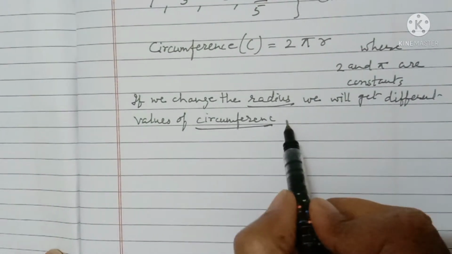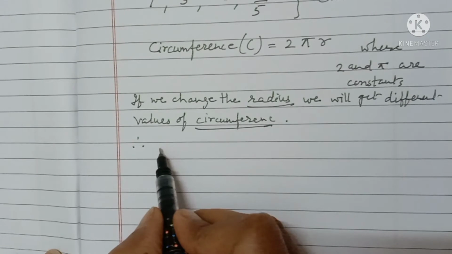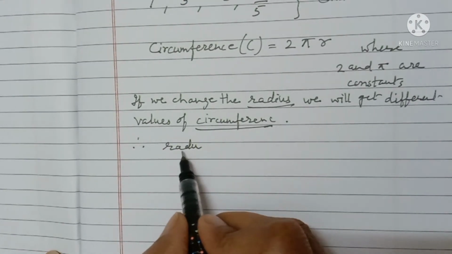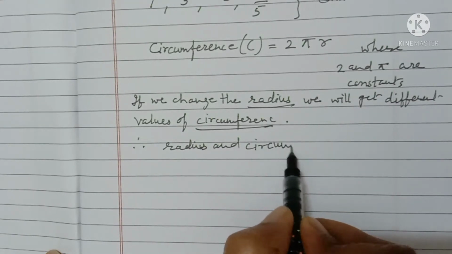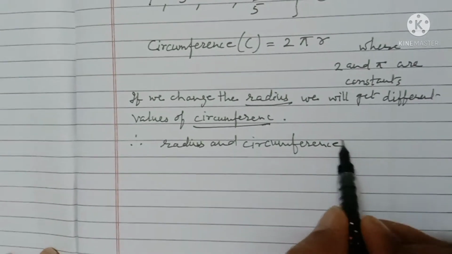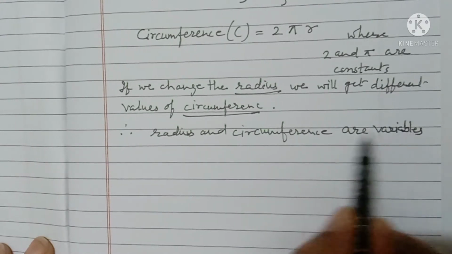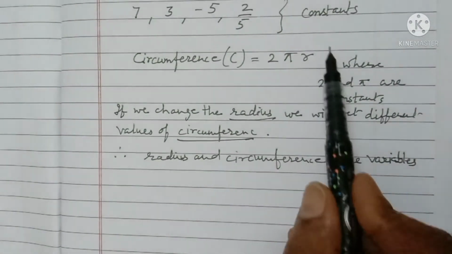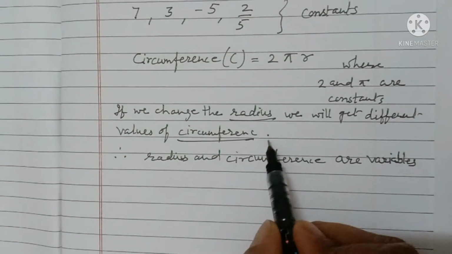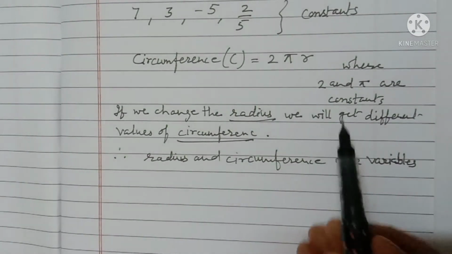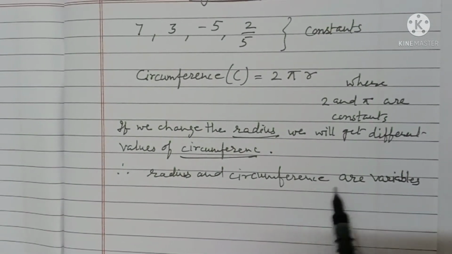So these are called variables. Therefore, radius and circumference are variables. I think you understood what constants are and what variables are. These are small things you have already studied in your previous classes, but I remind it again before we study polynomials.